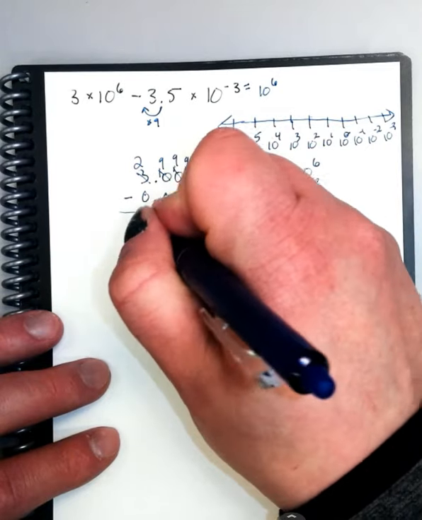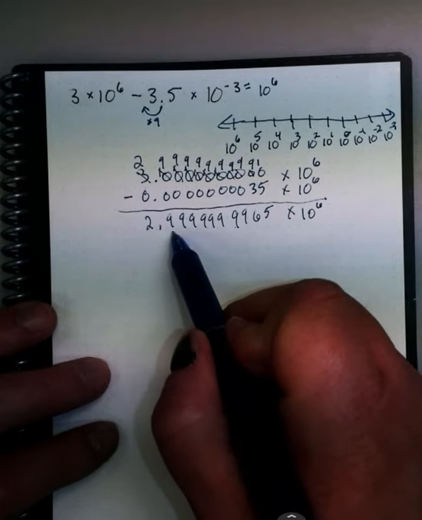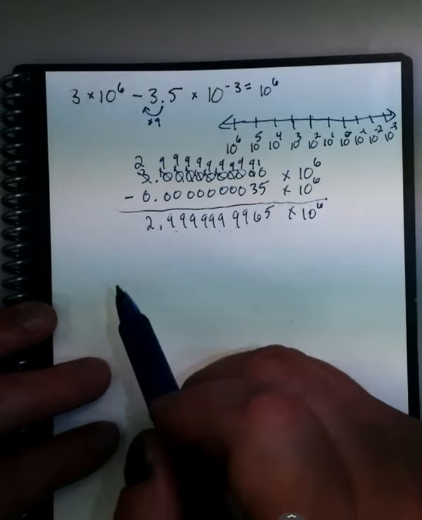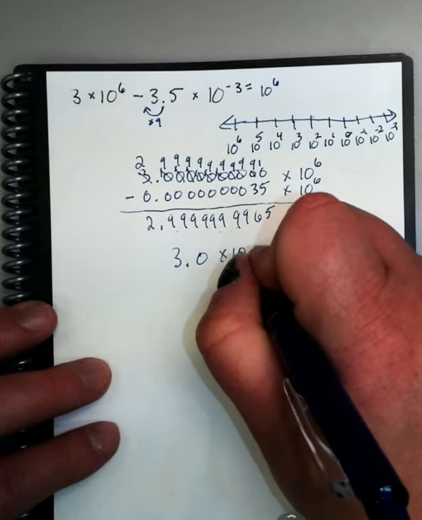If I round to any of these place values, I still end up with 3.0 times 10 to the 6th.